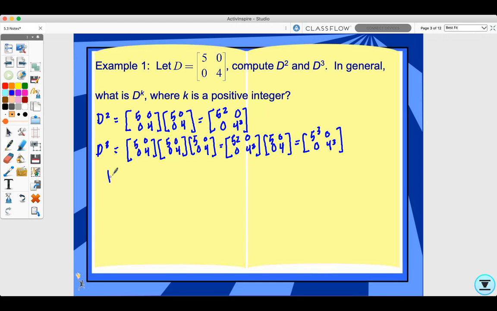So in general, D to the k for this one would be 5 to the k, 0, 0, 4 to the k, for k greater than or equal to 1.